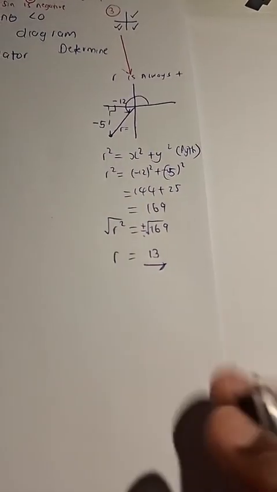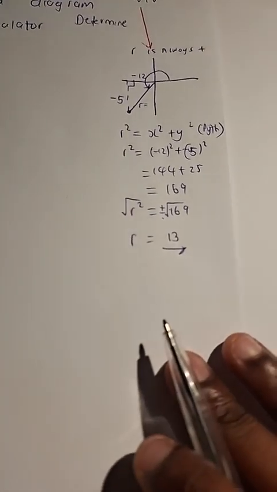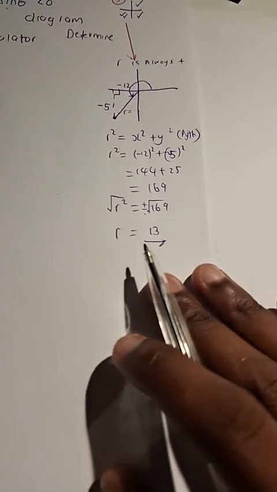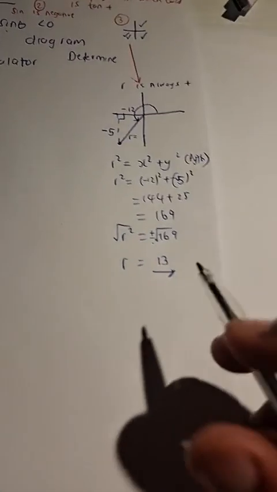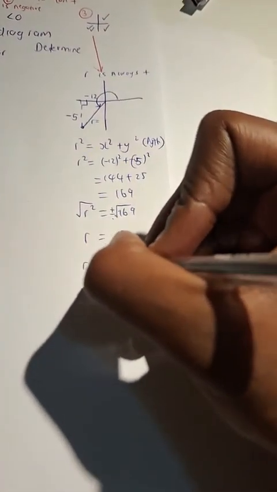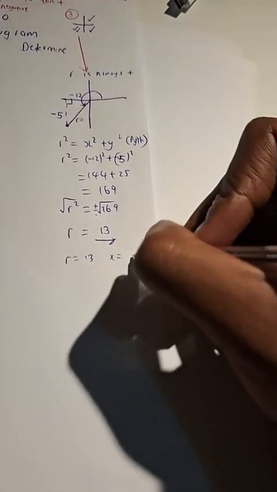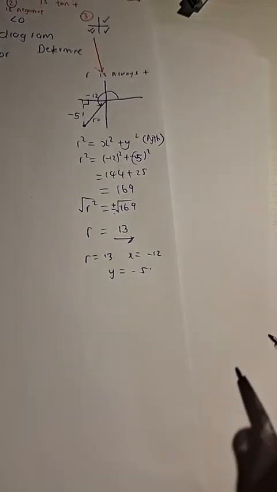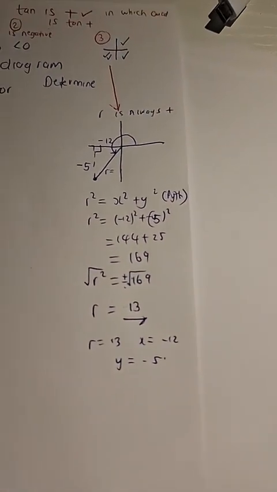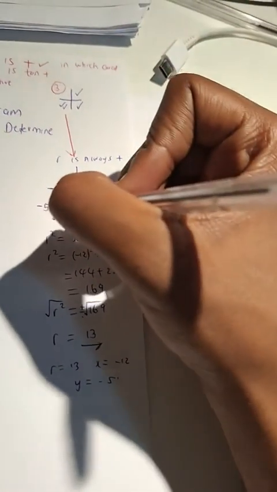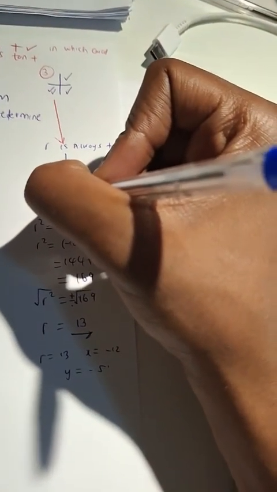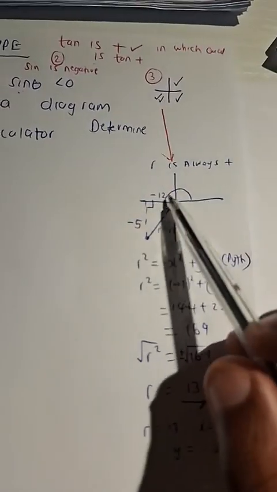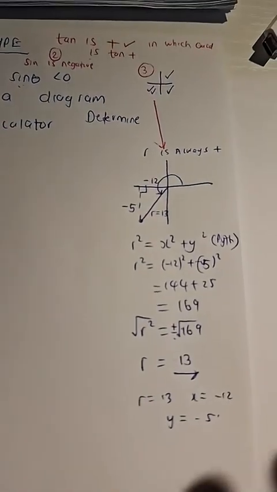Always positive, you know. And I mean, who doesn't love positive people? Okay, so r is 13, x is negative 12, and y is negative 5. The sketch has been provided. The values of the respective sides are sorted.